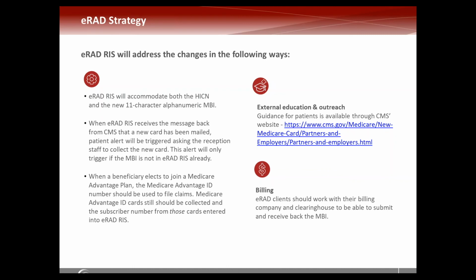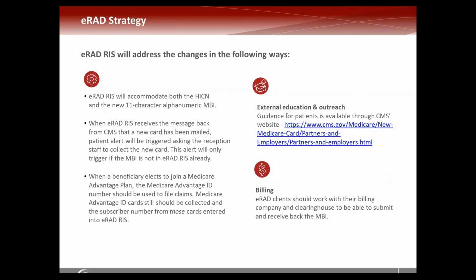When a beneficiary elects to join a Medicare Advantage plan, the Medicare Advantage ID number should be used to file claims. The Medicare Advantage ID cards still should be collected and the subscriber number from those cards entered into eRAD RIS. Now, in terms of external education and outreach, CMS has been very forthcoming of new information, and there's patient flyers, YouTube videos, and a range of content that's available to help patients manage the transition.